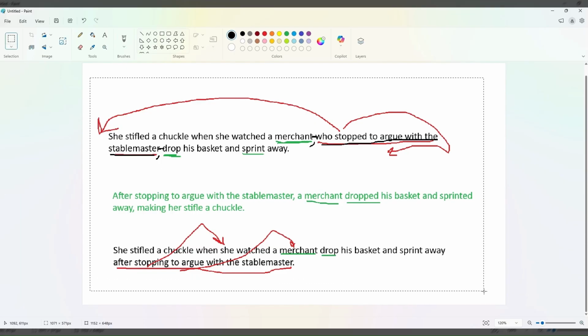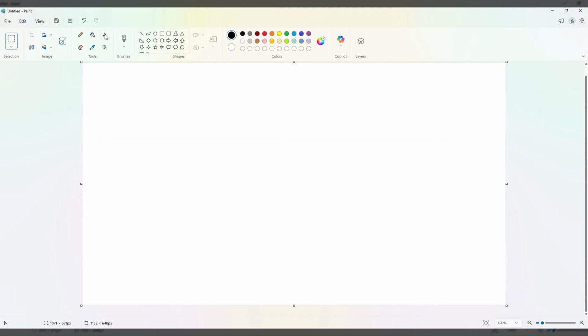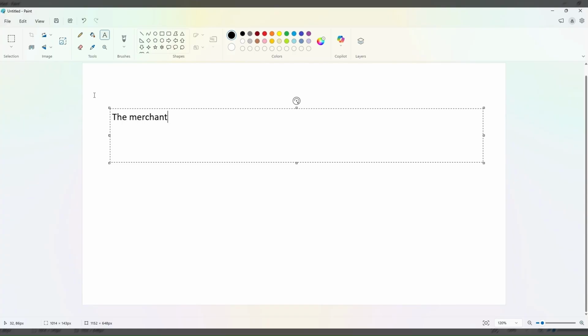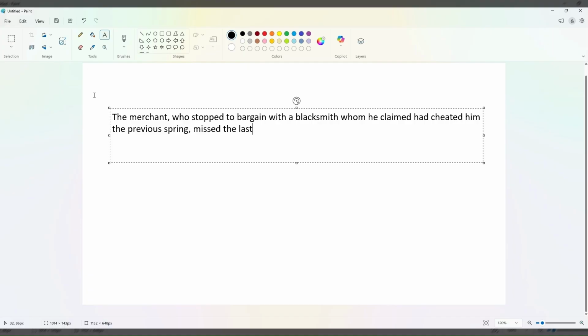Let's do one more example, because I know these aren't boring at all for you in these videos. So let's say we have a sentence: the merchant who stopped to bargain with a blacksmith whom he claimed had cheated him the previous spring missed the last ferry across the river.